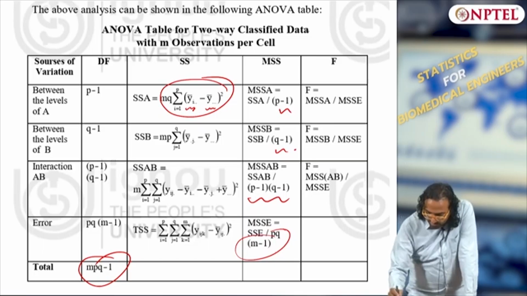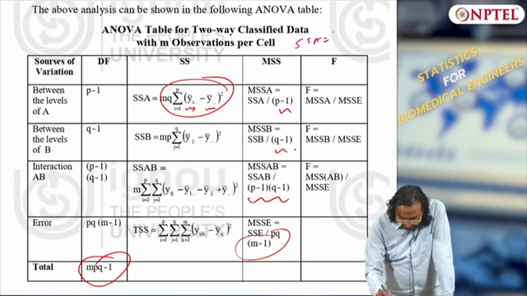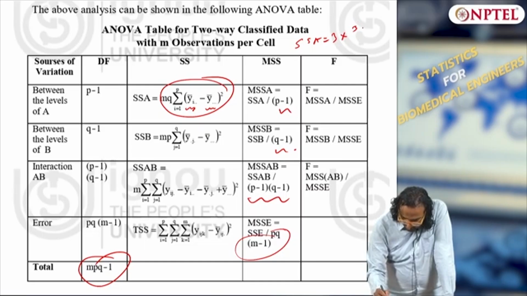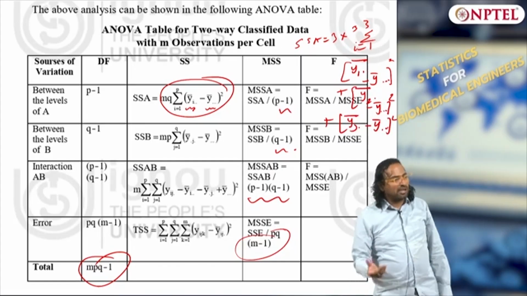Only 3 i's, 3 levels of A and only 2 levels of B. So sum squared A is going to be, m is going to be 3 into 3, 9 times, summation i equals 1 to 3: y1 dot dot bar minus y bar dot dot, the whole square, plus y2 dot bar minus y bar dot dot, the whole square, plus y3 bar dot minus y bar dot dot, the whole square. 3 rows, that is all.